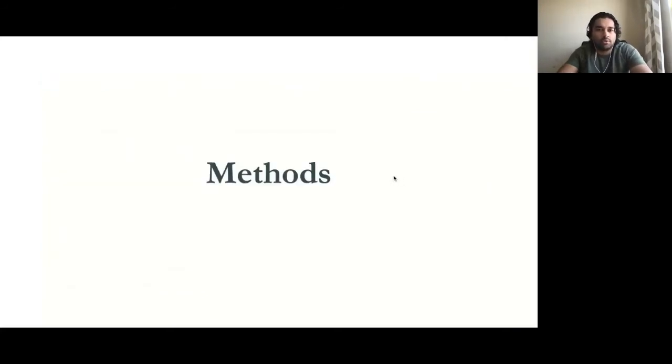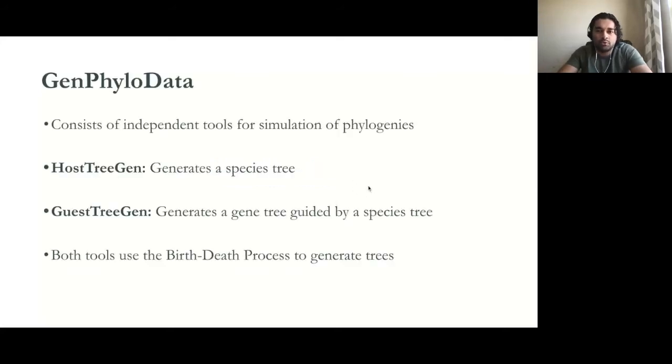So what are the basic ideas behind these simulation frameworks? GenPhyloData itself consists of two independent tools, as I alluded to before, which concern the simulation of phylogenies, so essentially generating trees.